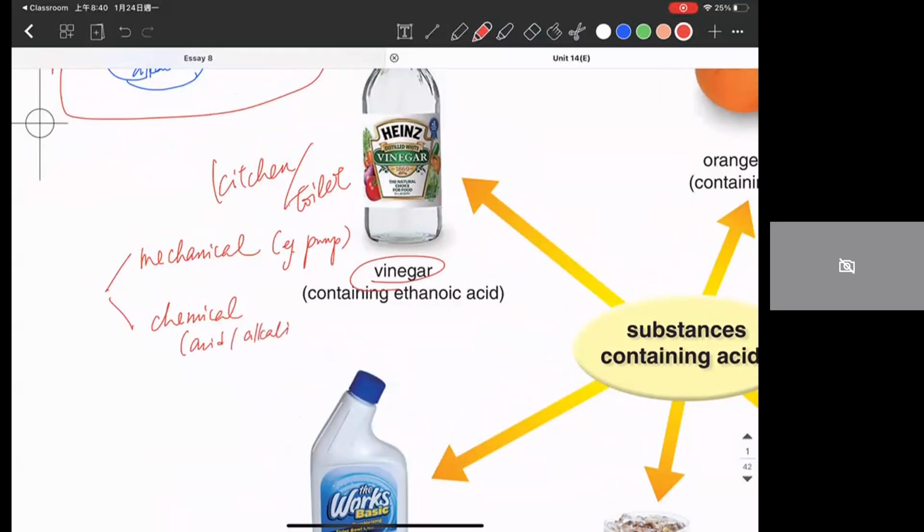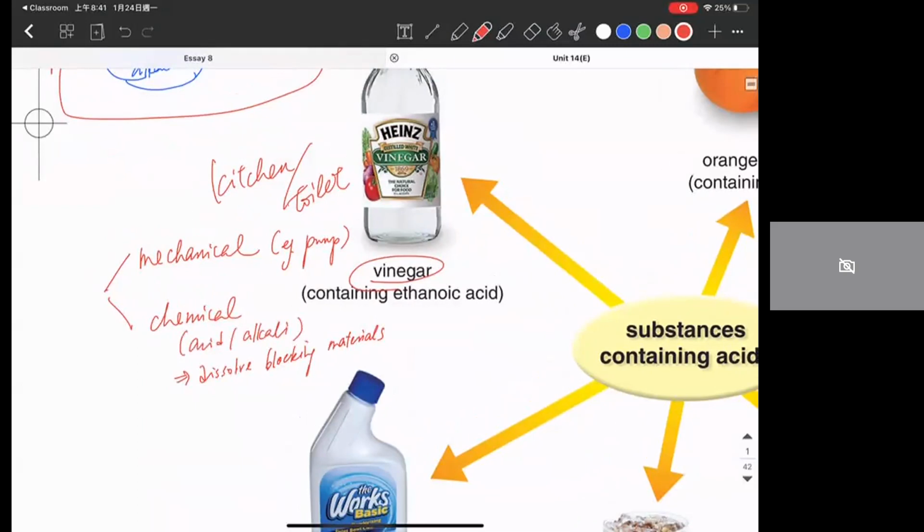It will help dissolve the blocking materials. So this is what we would talk about as the use of vinegar. Believe it or not, somebody says vinegar is a type of seasoning material. Yes, that's right. But you can also use it to deal with the blockage.